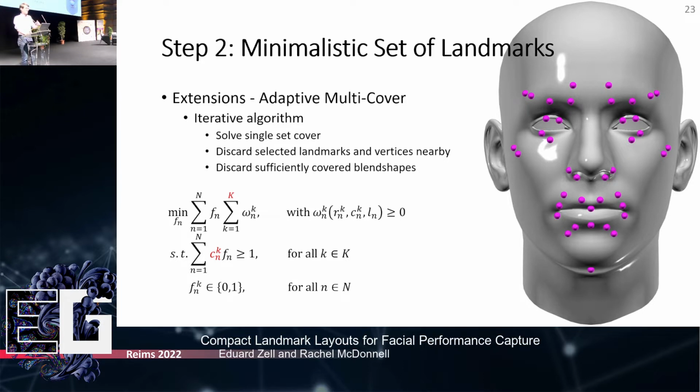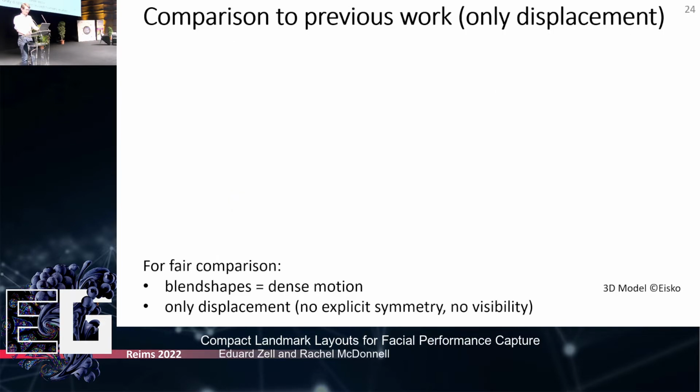And then the process is repeated. The advantage of this approach is, first, it's easy to extend, and we can add any heuristics that we can think of into the discarding process. So this is really easy to adapt, and from all the experiments we did, this turned out to create the best results.